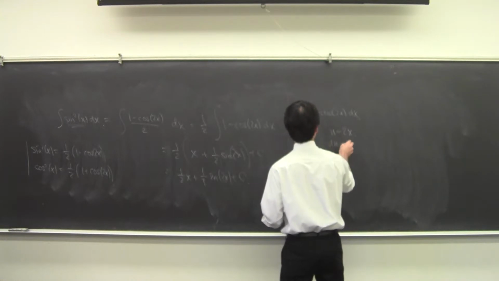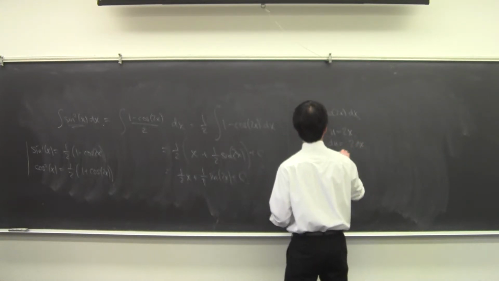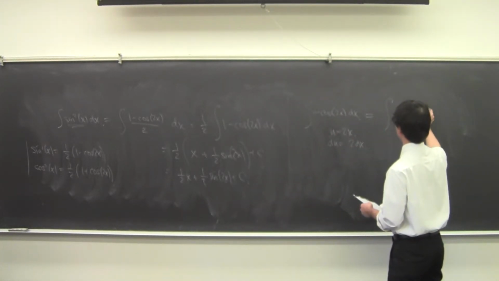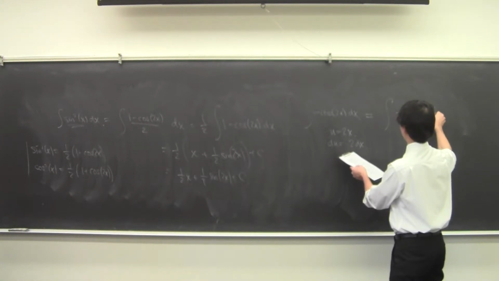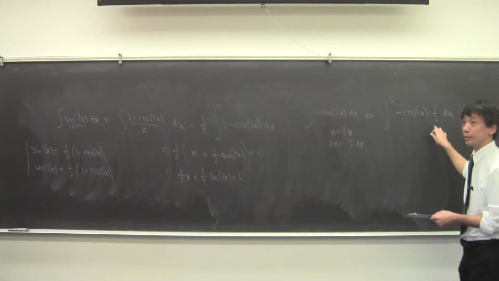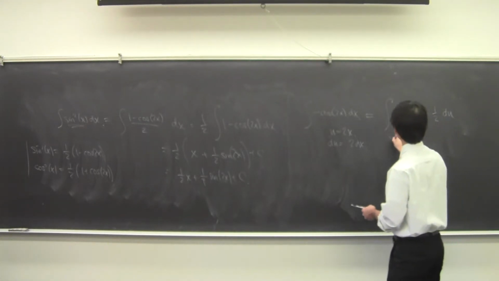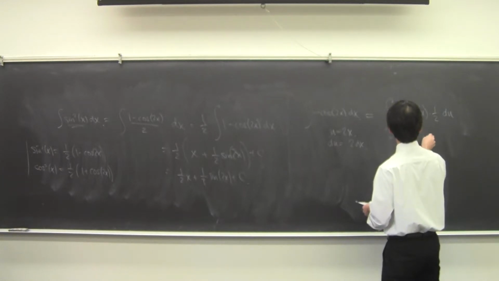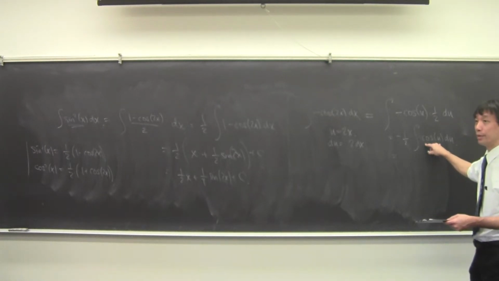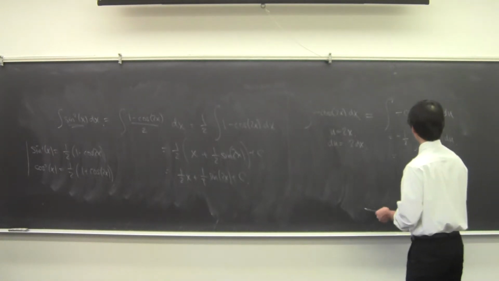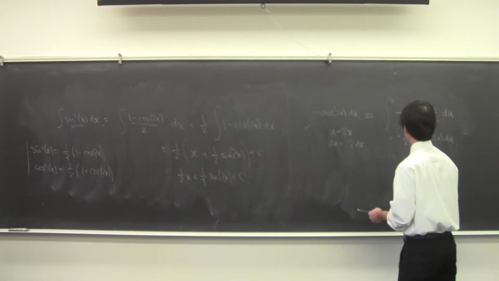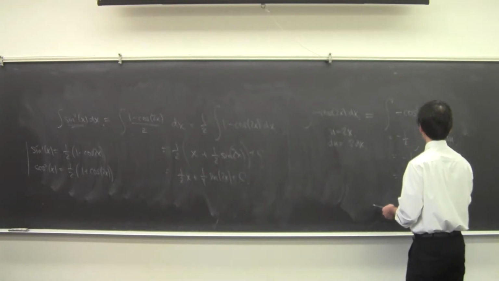Your du is 2dx, and so this turns into negative cosine u times 1/2 du. So far so good? So you've got negative 1/2 integral cosine u du. The antiderivative of cosine is just sine, so you get negative 1/2 sine u plus constant. In other words, negative 1/2 sine 2x plus constant.